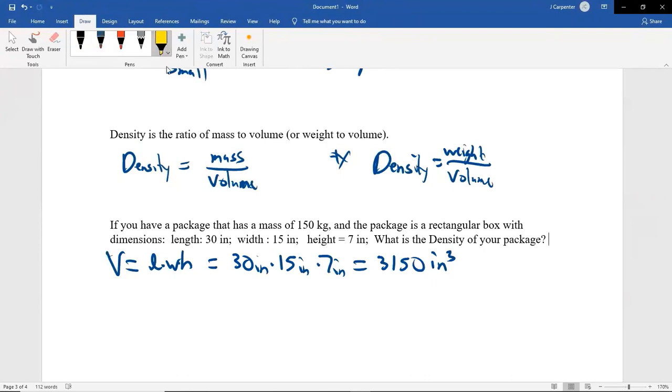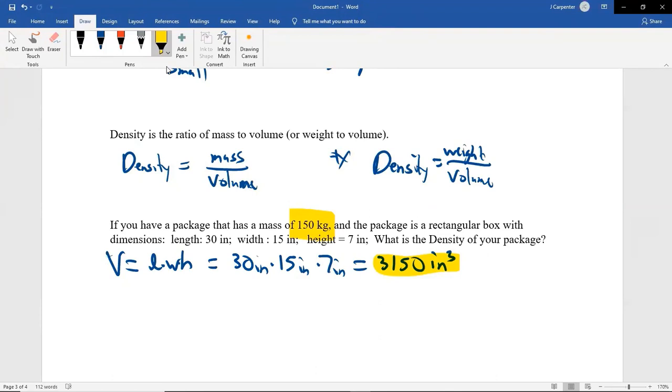So now all we have to do is take the mass, which was the 150 kilograms. Again, some people would call that a weight. And again, in the real world, no one's going to care that you call it a weight, but technically it's a mass. And we're going to divide by 3150, but we got to make sure we do it in the right order. Is it mass over volume, or is it volume over mass? You actually have to memorize that. And it's the mass is in the top, the volume is in the bottom.